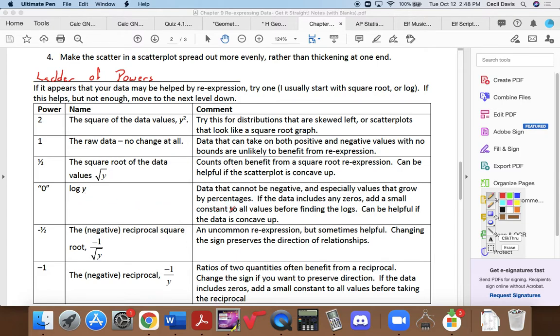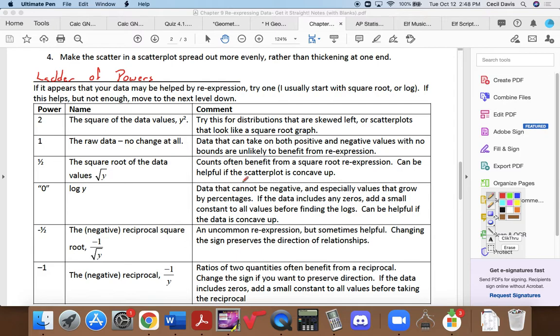So notice here, on the square root, if you've got counts, a lot of times the square root is helpful when you're re-expressing it. I don't know why, but it does happen a lot. So you have your explanatory variable down here, and on your vertical axis you have the counts of things.